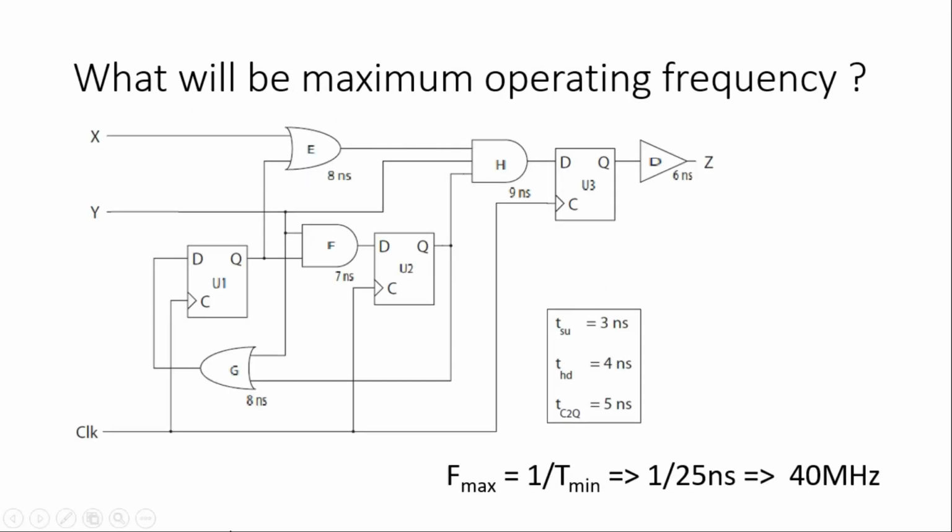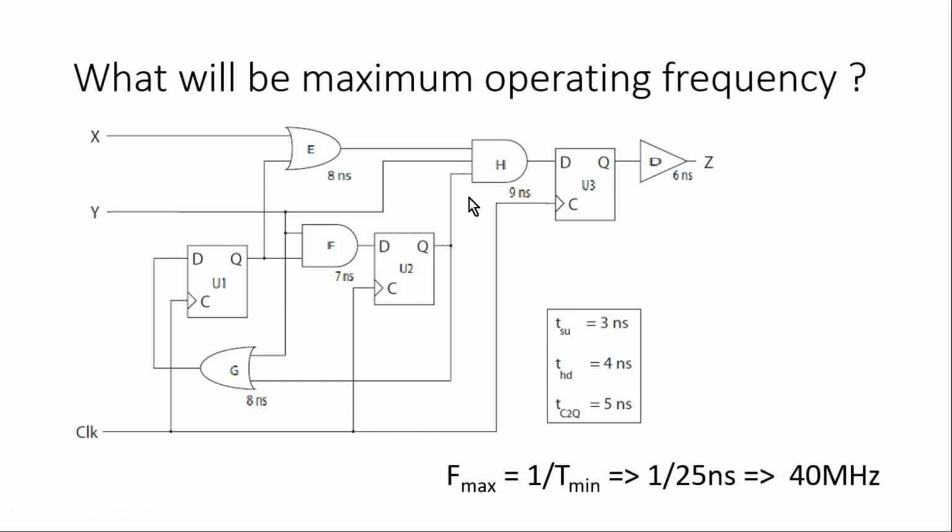As we already discussed that at nth clock edge, the value is passed from this input to output, and then through this OR gate and AND gate, this value reaches at the input of this flop U3. And it takes 22 nanoseconds to reach at the output of this AND gate. And we have 3 nanoseconds as a setup time. So total 25 nanoseconds is the minimum time required.